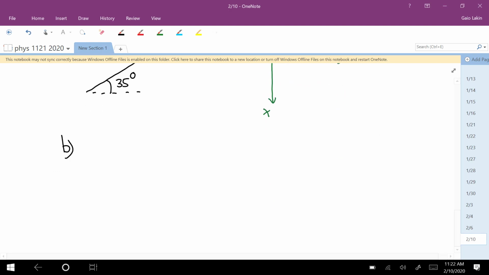And then part B, the coordinate system was the exact opposite of that. So positive x is this way, positive y is this way. Again, you put the vector there without changing the orientation.